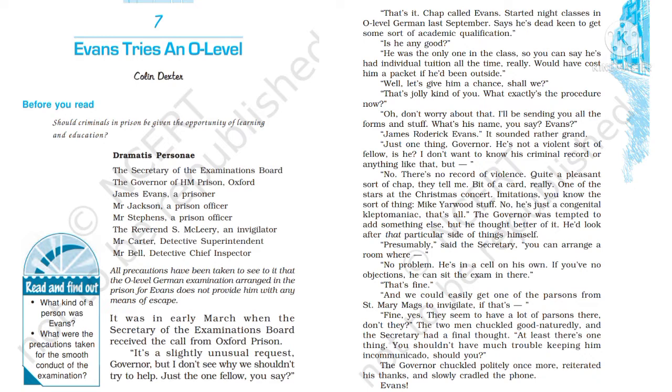It was a kind of habit for him. Thirdly, the secretary asked the governor if it was easy to stop Ivans from communicating with other people, to which the governor laughed and finally agreed. So these were all the things about the conversation. And finally, the conversation between the governor and the secretary ends.